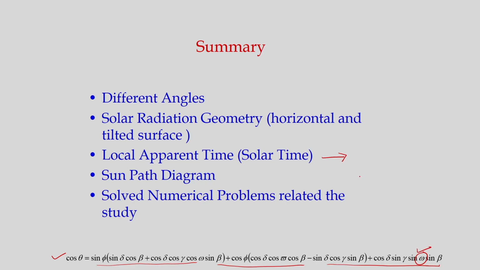So, that also we have discussed, and we have discussed sun path diagram, how sun travels in the sky from the observer and how this variation takes place in case of summer, in case of winter and in case of equinox. And we have studied the solar radiation geometry for horizontal as well as vertical or tilted surfaces.